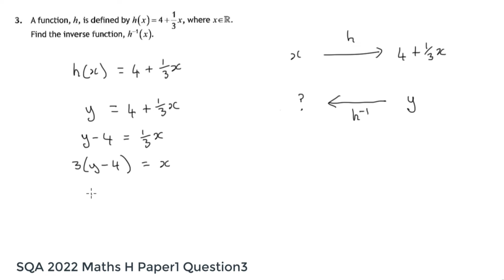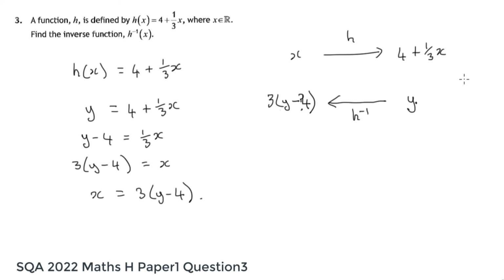Let's write it the normal way for a formula. x equals 3 lots of y minus 4. So what we're saying here is that if we put y in, we should get x back out. This tells us that x is 3 lots of y minus 4.